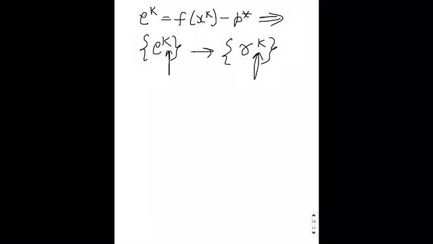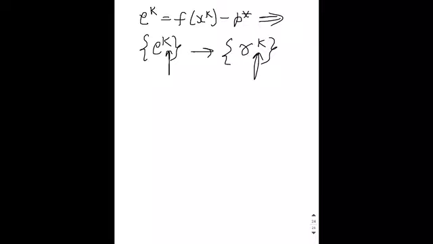Let's call this the error function, and we define the rate of convergence as the rate with which this sequence e_k decreases. For that, we compare this sequence with another standard sequence, say r_k. Note that this k is not a power, it is just a superscript.